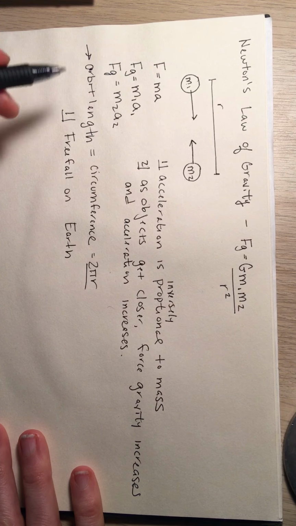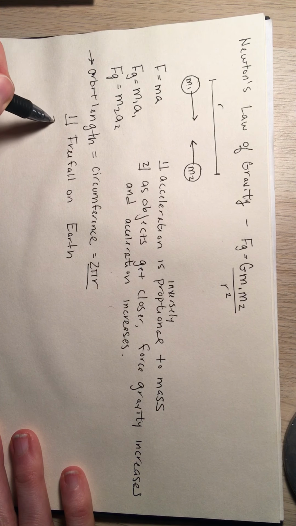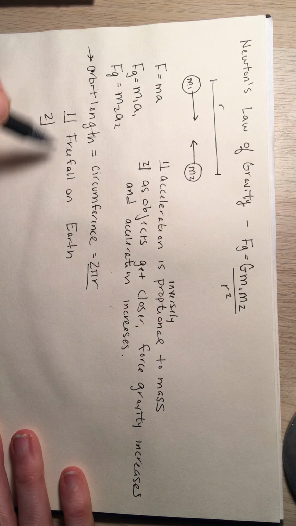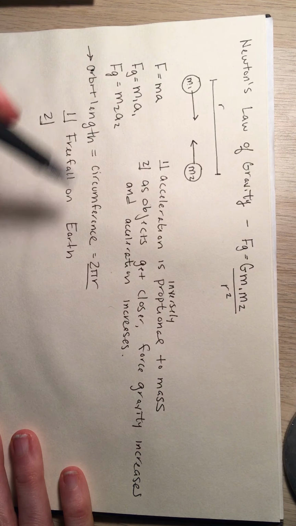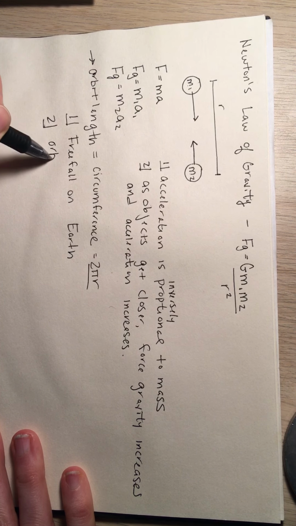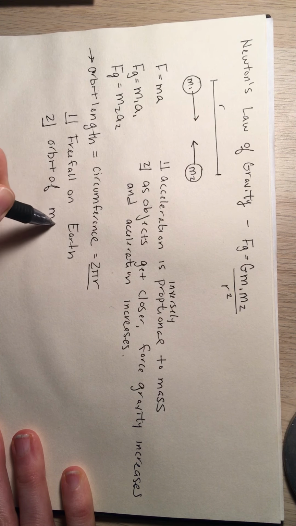So without even leaving our planet, we can start to practice and exercise the limitations of this law. The second thing, once we start exploring what this rule means for the behavior of objects here on Earth, we're going to move out to the orbit of the moon.